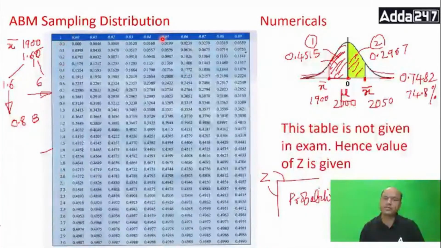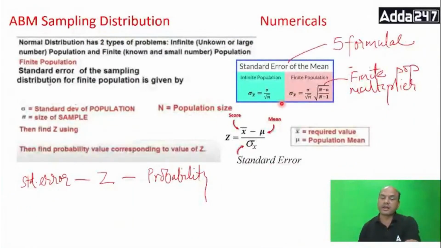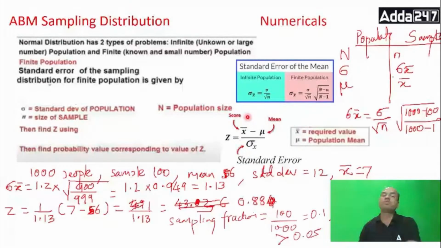Once you find the Z value, you can find the probability also. That is what we'll be doing today. Our target in a sampling distribution problem is to find standard error, then find Z, then find probability. Standard error, then Z, then probability.